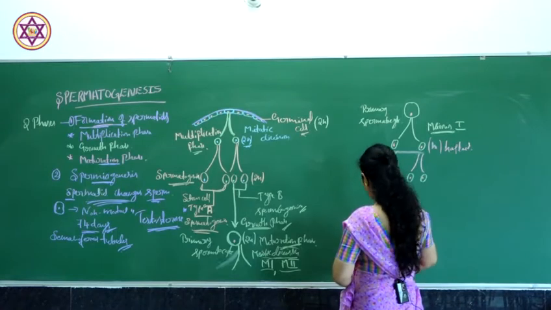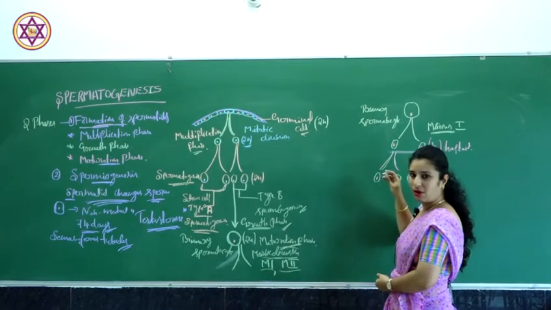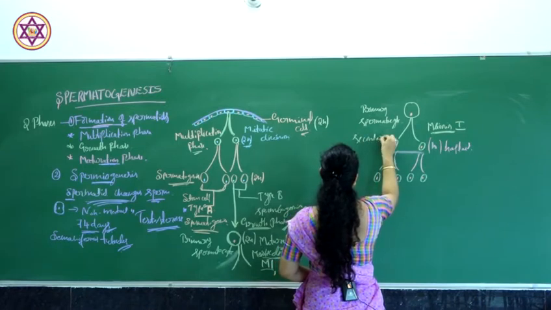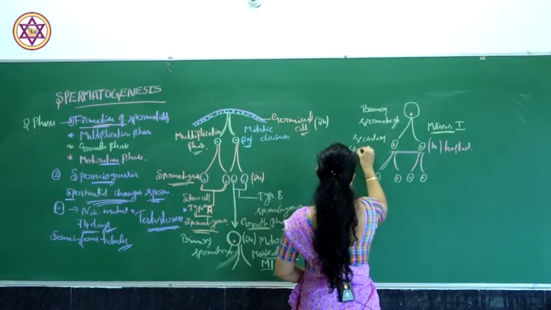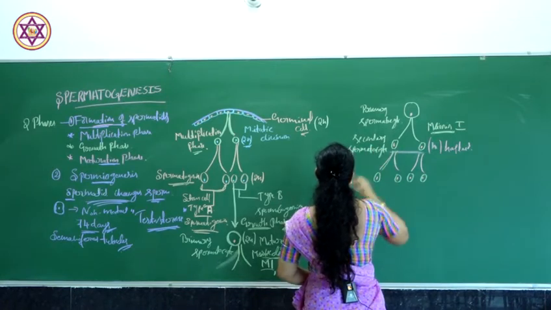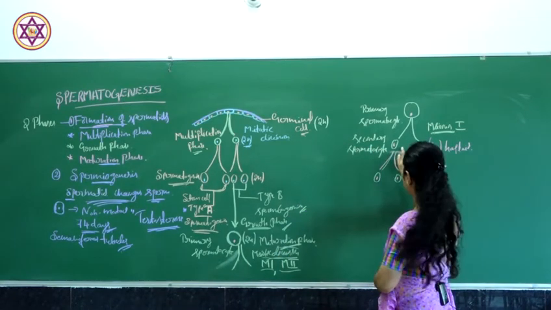Here this particular cell is called the secondary spermatocyte.